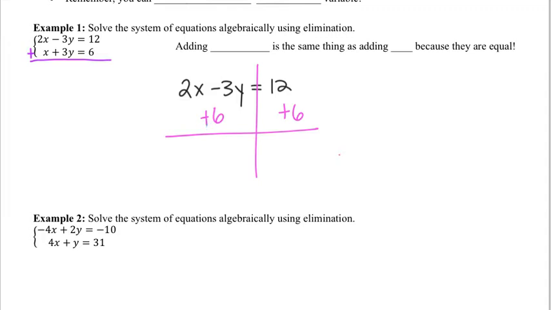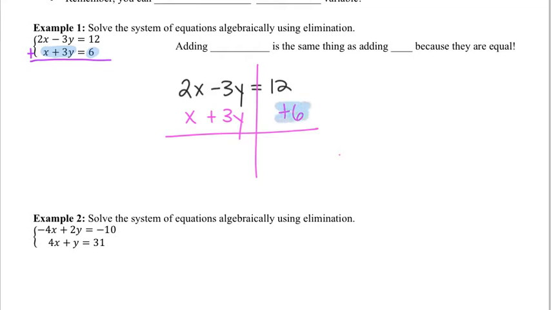But watch what I can do. 6 is equal to x plus 3y. So instead of adding 6 to the left side, I'm going to add x plus 3y to the left side. I actually am adding the same thing to both sides, because look at this equation: x plus 3y is equal to 6.